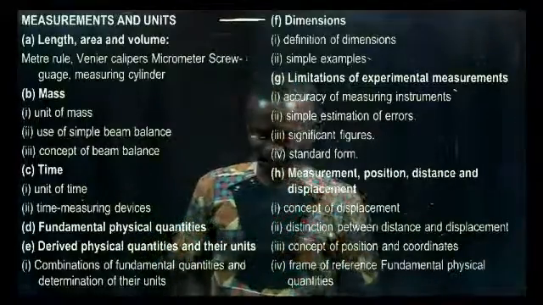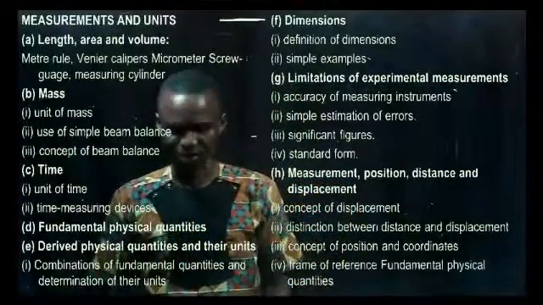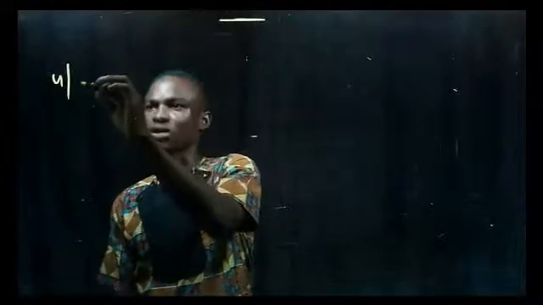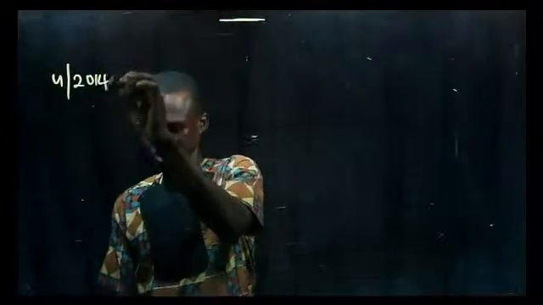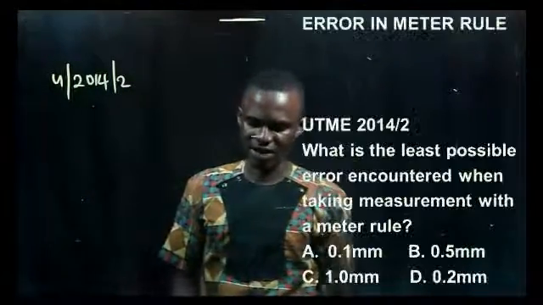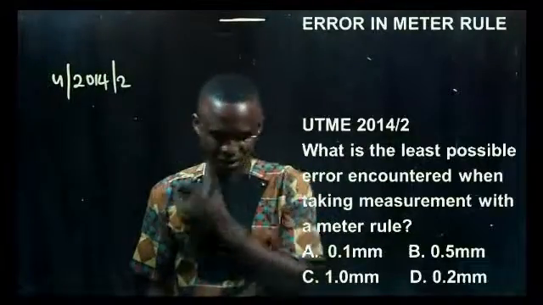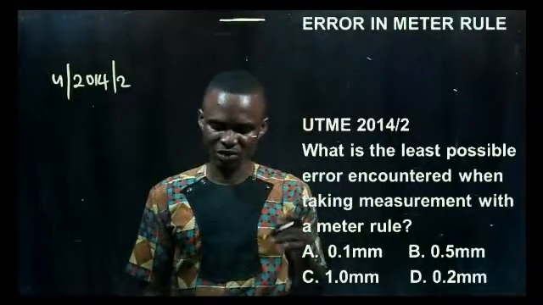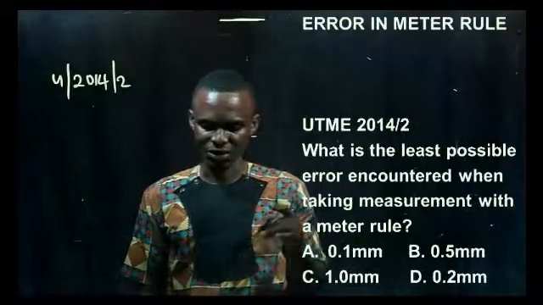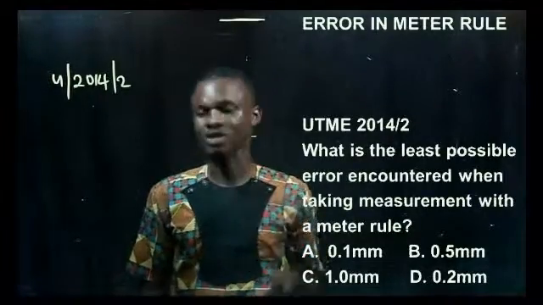Without wasting time, let me quickly introduce you to the first question, UME 2014, question 2. The question is on error in meter rule. What is the least possible error encountered when taking measurement with a meter rule?